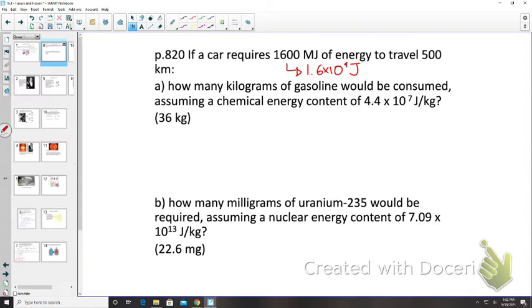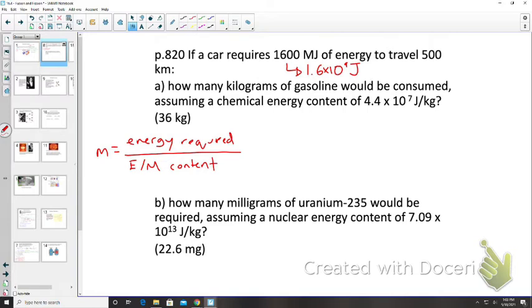So to find the mass of gasoline that we would use, mass is equal to energy required divided by the energy to mass content of gas or whatever we're looking at in these next two examples.